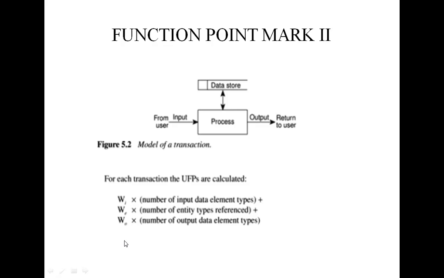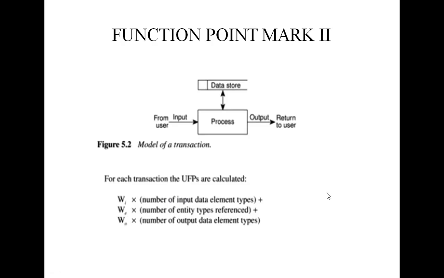See here, WI, WE, and WO are the weights derived for the project for inputting the data, accessing and modifying the entities, and processing the outputs.